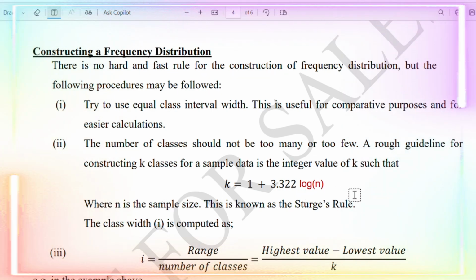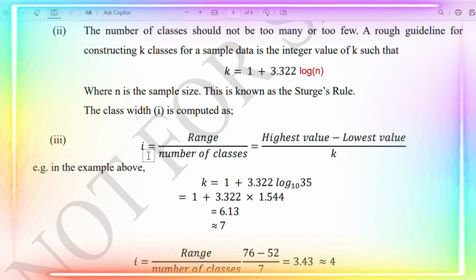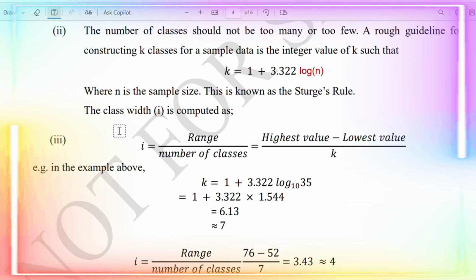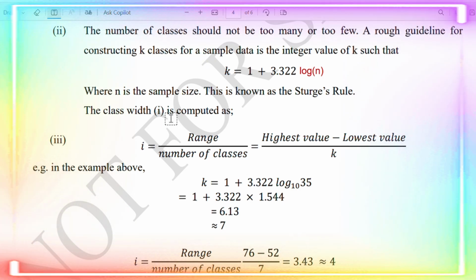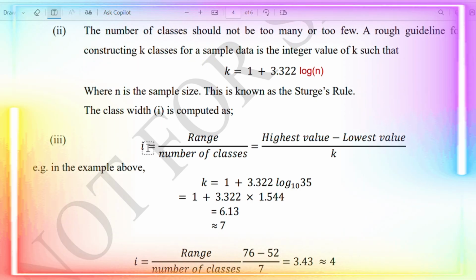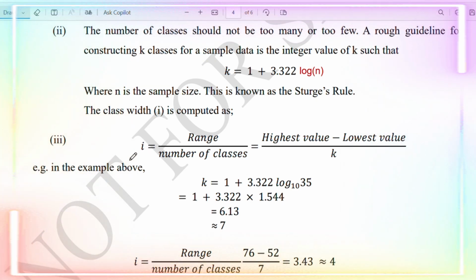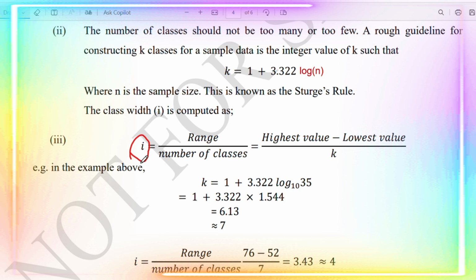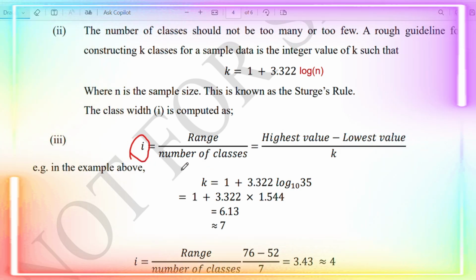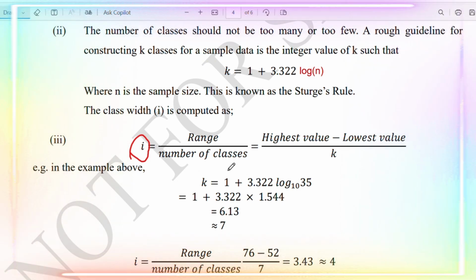If we are to use that for the example mentioned above, take for example, we have I to represent the class width or the class size. Then the formula to obtain I will be the range divided by the number of classes.